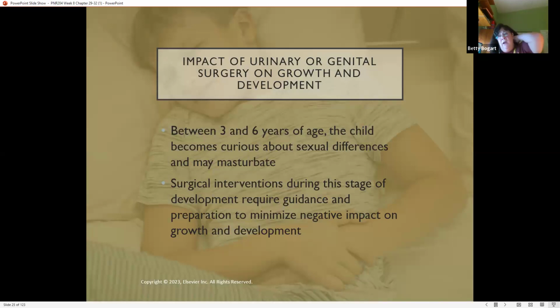Now, urinary or genital surgery on growth and development, basically what I've just started talking about. You know, when children become preschoolers, they're aware that there's boys and there's girls. And it starts because of potty training. Watching mommy go to the bathroom, if they're a boy, saying, "Why do they sit down and I stand up?" And daddy's standing up and he has a body part mommy doesn't have.